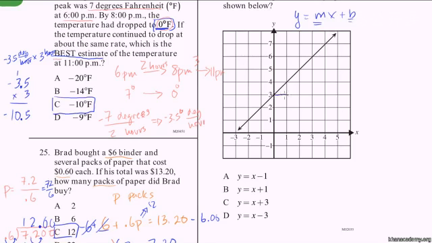For every 1 we run, we rise up 1. Or for a change in x of 1, we have a change in y of 1. So slope is equal to change in y over change in x, or rise over run. We rise by 1 when we run by 1. So it's equal to 1 over 1, which is equal to 1. So m is equal to 1.